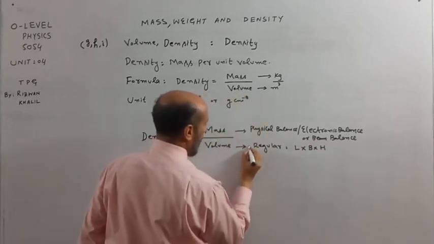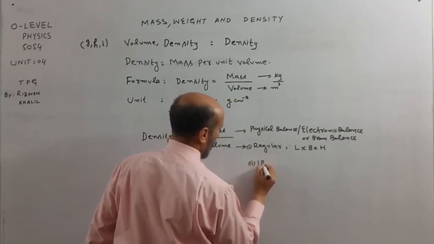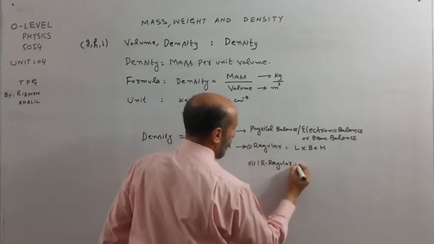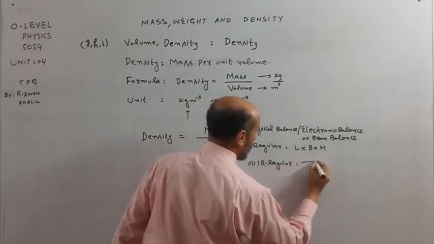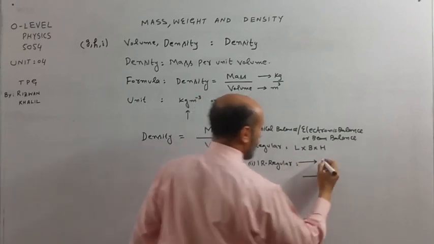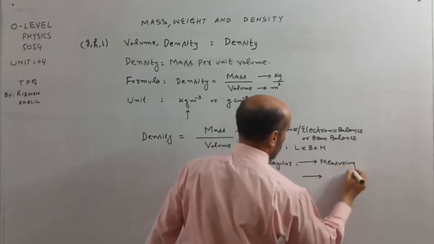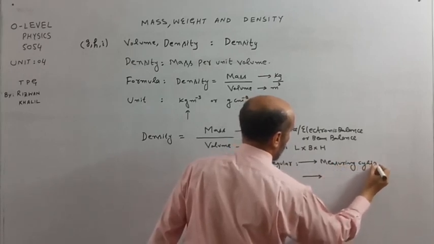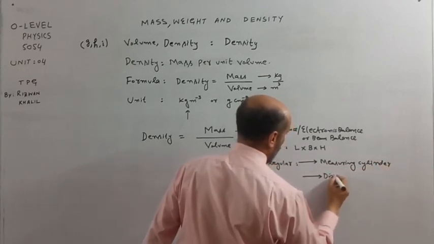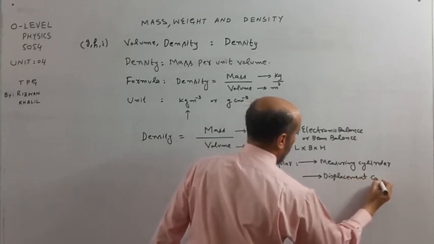And if the body is irregular, then again there are two possibilities: we can use a measuring cylinder or we can use a displacement can.